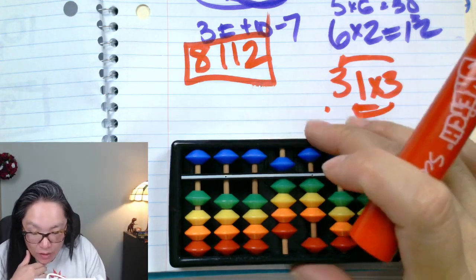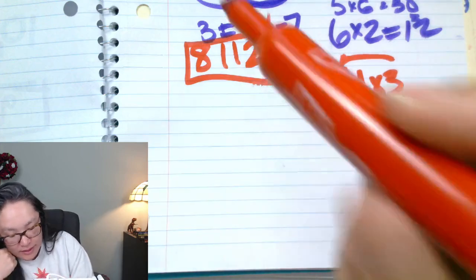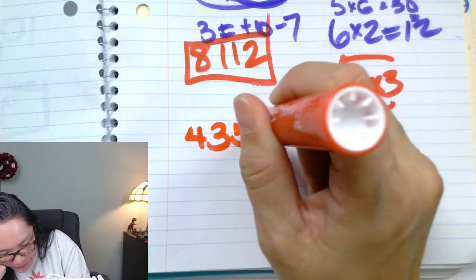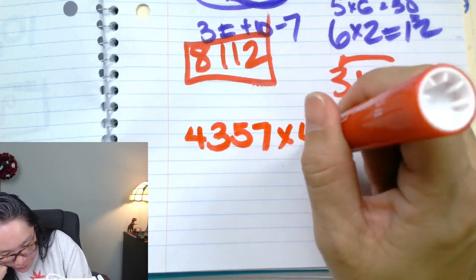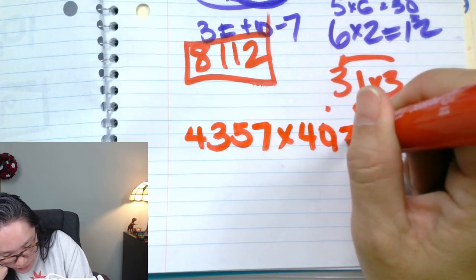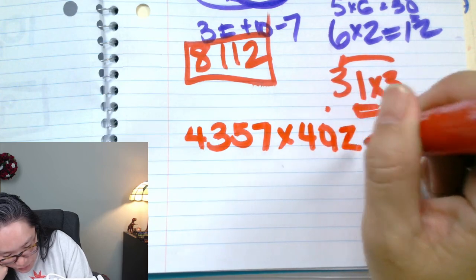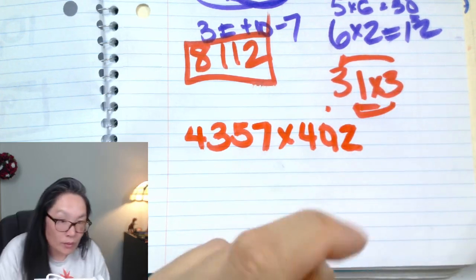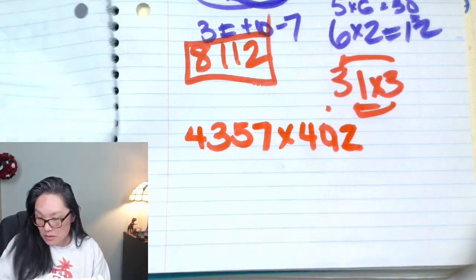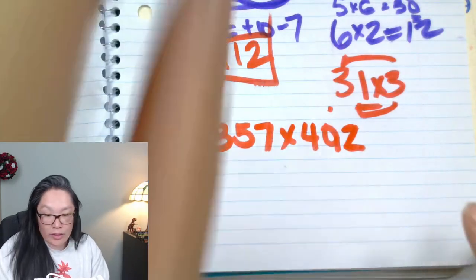But yeah, I mean, we can go more, right? So let's say we did, I don't know, 4,357 times 49,322. We could do that. But that means I got to get a bigger abacus. Oh, here it is.